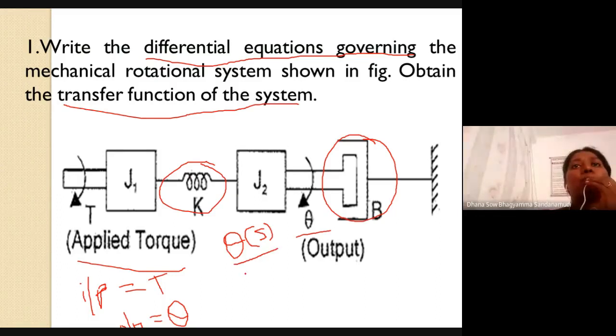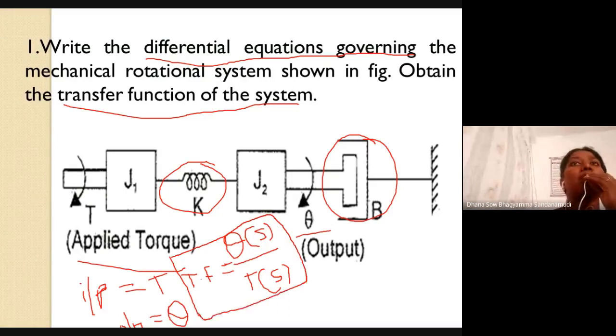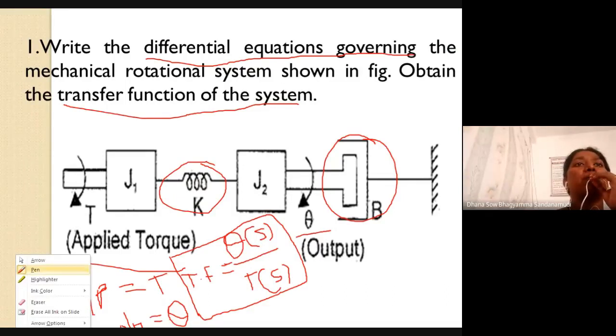Therefore, theta of s by T of s will be my transfer function. My transfer function is the Laplace transform of the output by the Laplace transform of the input. So let us see the free body diagrams.